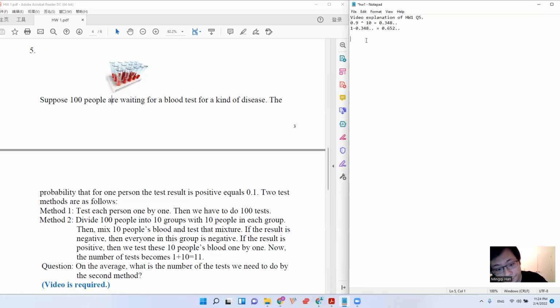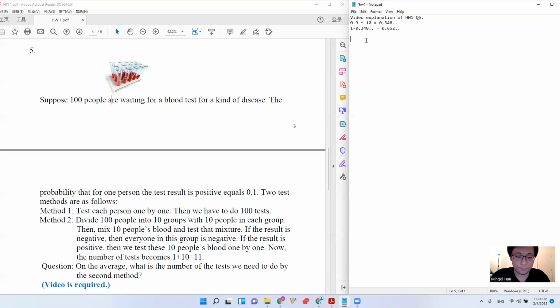And if there are enough groups, let's say infinitely many groups, there are 65% of the groups that need to be tested. But here we have just 100 people and 10 groups, so we need to calculate the expected value, which does not need to be the same integer as the number of groups.